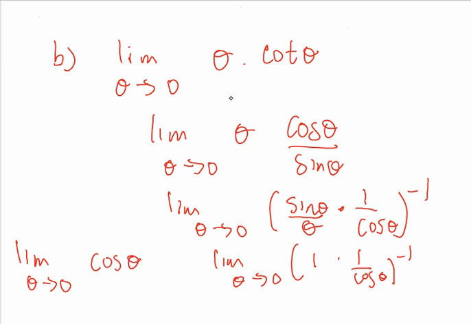Looking at this expression, we can substitute theta, because it's not going to give any undefined, and that gives cos of 0, which equals 1. So that is the solution here.